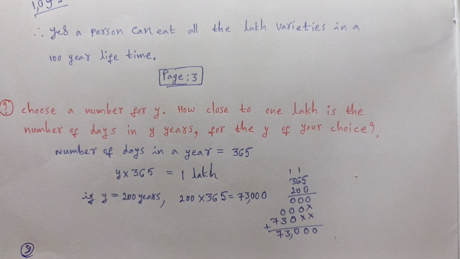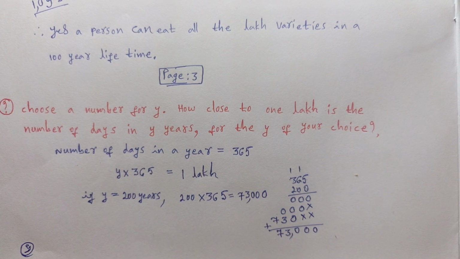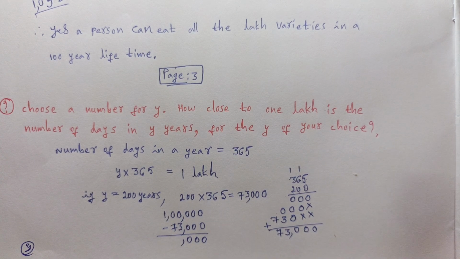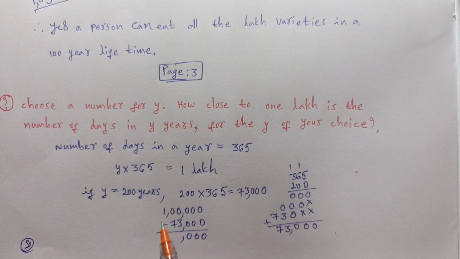So now here they asked how many days difference may be present. So here I am taking 1 lakh. From 1 lakh, if I subtract 73,000, I will get the difference. Okay, 0 minus 0 is 0. Next here also 0. Next here we cannot subtract 3 from 0 in the thousands place, so it will take a borrow from the previous 0. But because this is also 0, it has to take a borrow from the 1 lakh position.